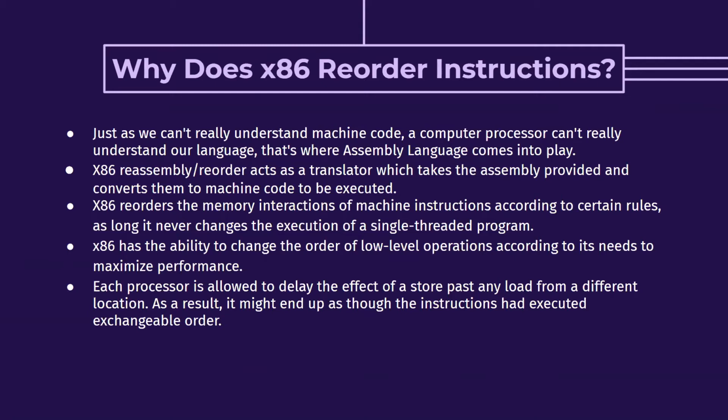Each processor is allowed to delay the effect of a store past any load from a different location. As a result, it might end up as though the instructions had executed in a different order.